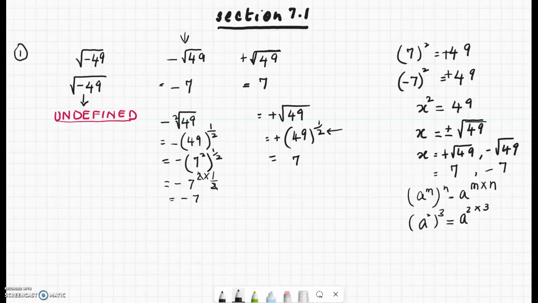And then we have 7 squared to the half. So you multiply the 2. And the reason why I cancelled it, let me not skip that step, is because this is 7 squared to the half, which is equal to 7 to the 2 times half. And that's equal to 7 to the 1. That's 7.